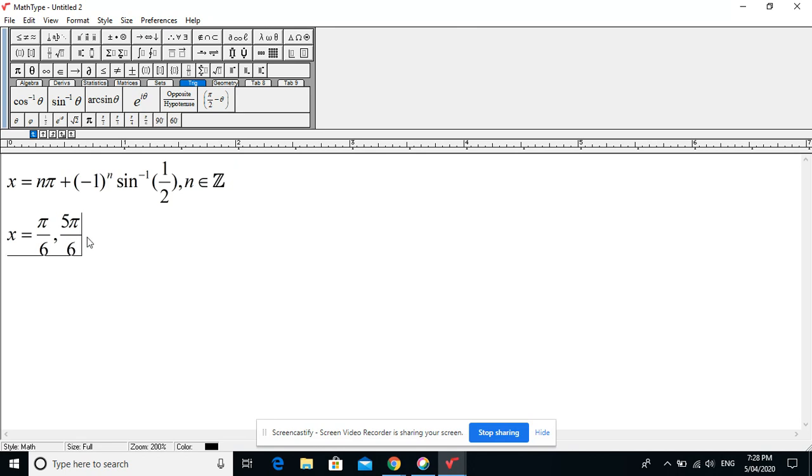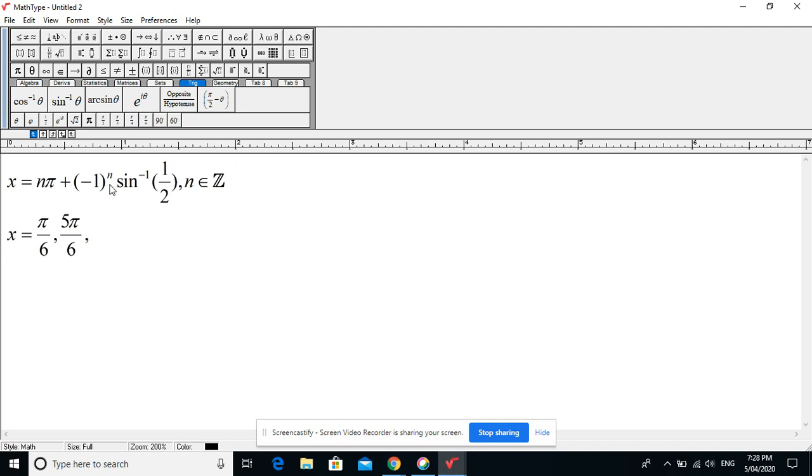That's our next solution. We still aren't yet at 2 pi. And we haven't even done the negative solutions yet either. Let's keep going. So n is 2 now. 2 pi plus negative 1 to the power 2 times inverse sine of 1/2.